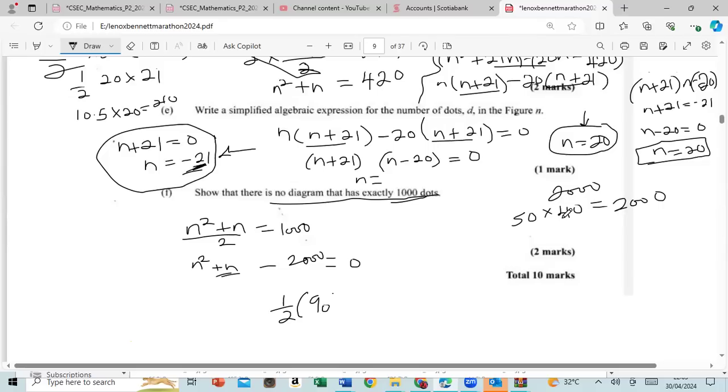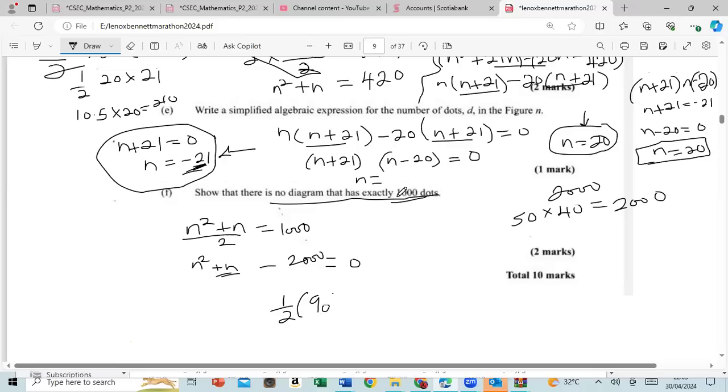Let me see, 40 times 50 is 2,000. The average between that is 45. 45 times 45 gives you. So we could try 46 and 44. 46 times 44 is 2024.